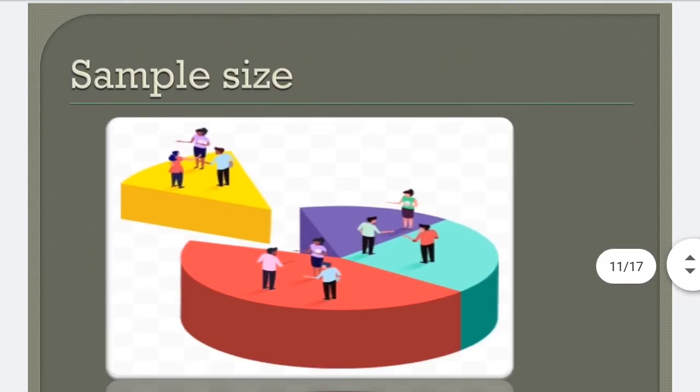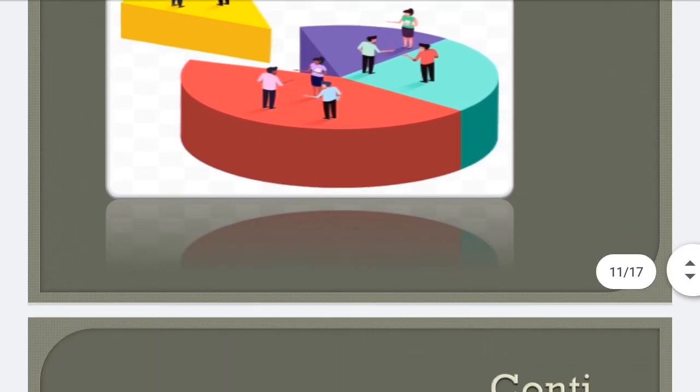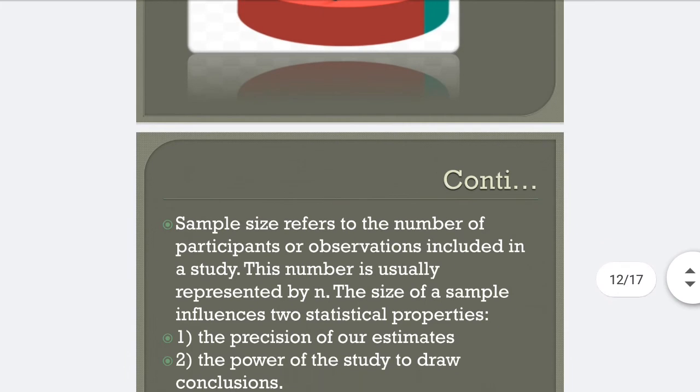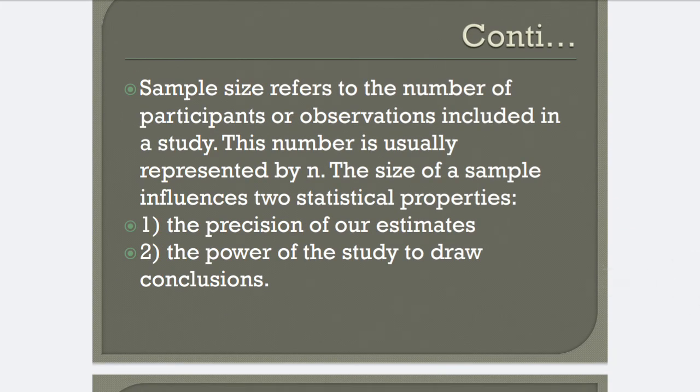Now the sample size. Sample size refers to the number of participants or observations included in the study. This number is usually represented by n. The size of the sample influences two statistical properties: the precision of our estimates, and the power of the study to draw conclusions.